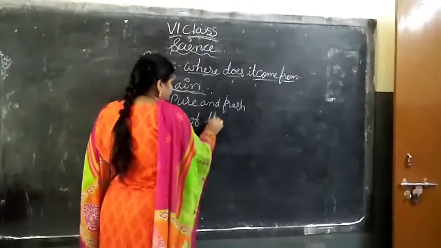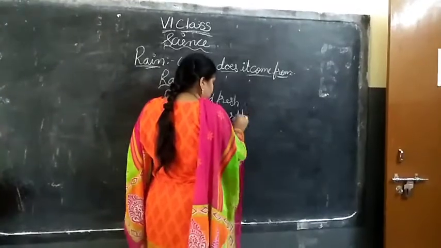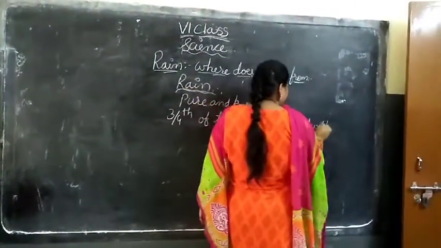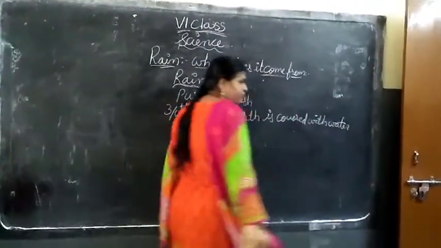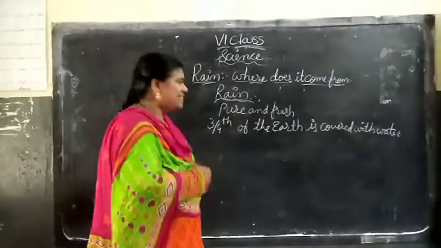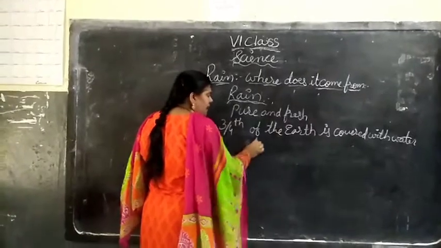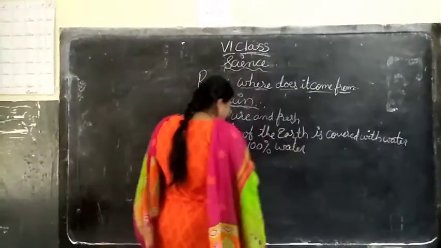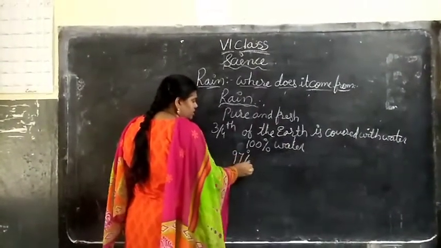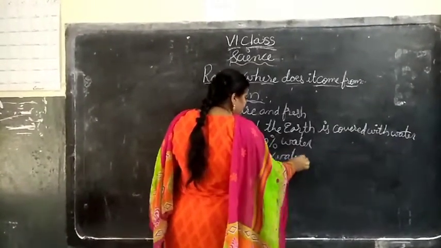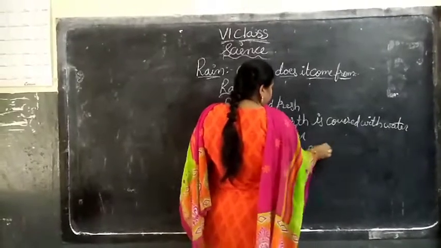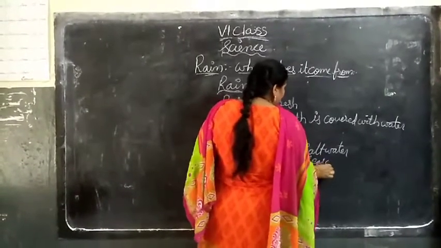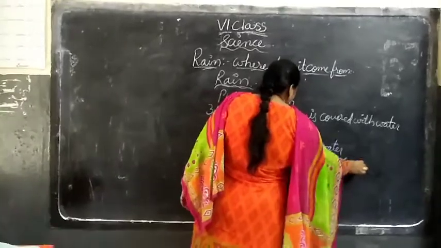Suppose I am taking 100% of water, in this 97% of the water is salt water, which we are getting from seas and oceans.